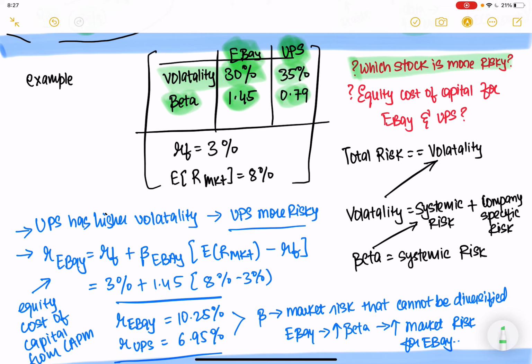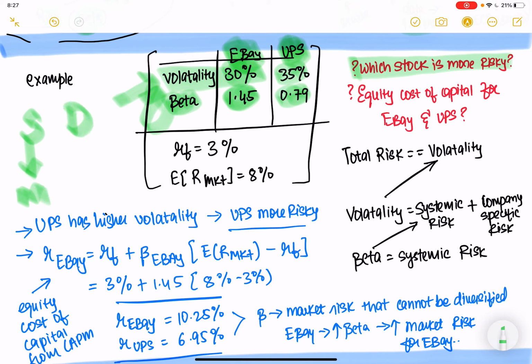Well, volatility is the measure of risk. So the higher the volatility, the higher the risk. So I would say UPS is the riskier stock. But we also know that beta captures one part of volatility, which is the systematic risk. Volatility has two risks: the systematic risk, which is the market risk, and the diversifiable risk.